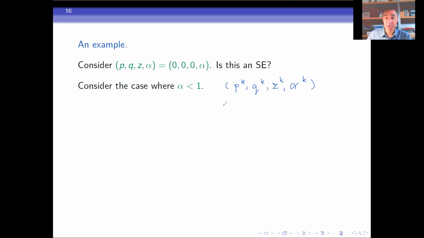And all these numbers have to be between 0 and 1. I didn't really say that, but of course what you want is that the sequence is completely mixed. So that means that these numbers have to be strictly positive.